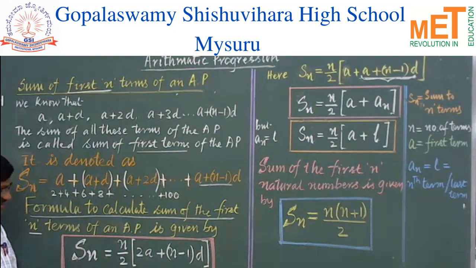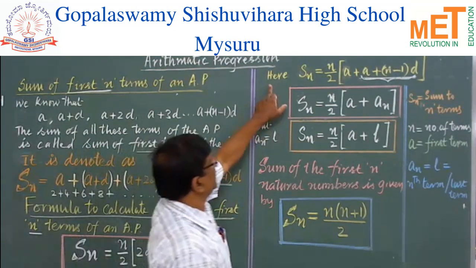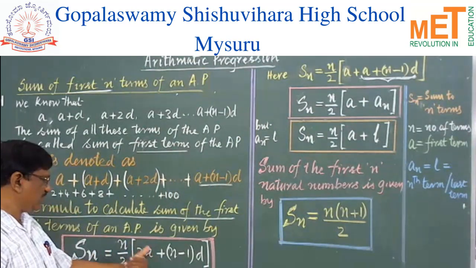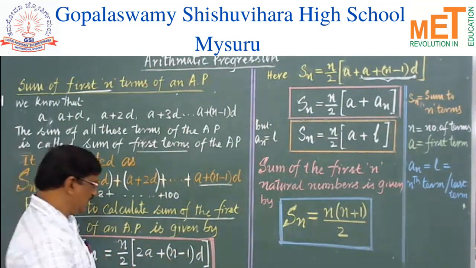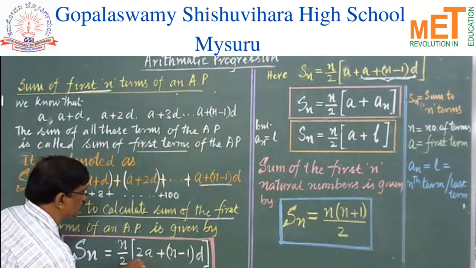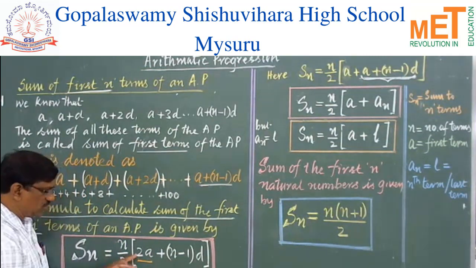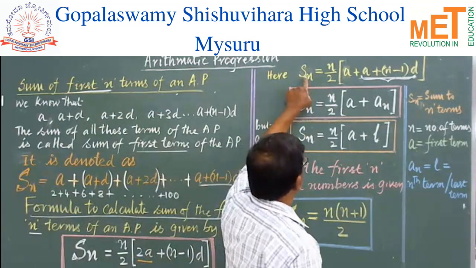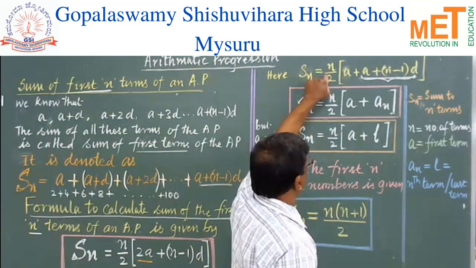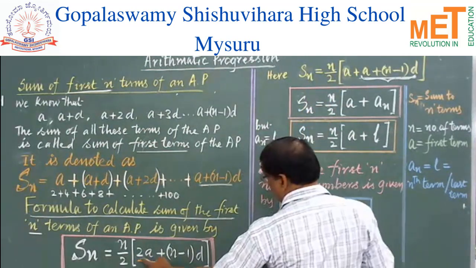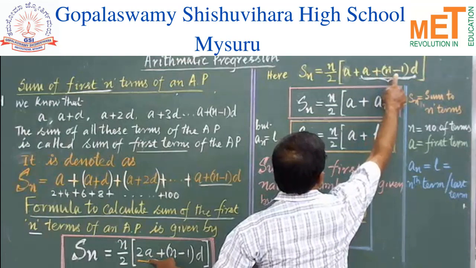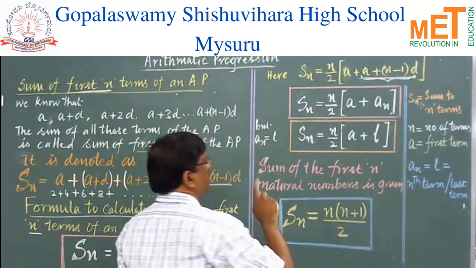Okay. Now the same formula we alter a little bit. We know that Sn equals n by 2 into 2a plus n minus 1 into d. I will write this 2a part separately. 2a means a plus a, isn't it? You see, Sn equals n by 2 into, 2a split into a plus a, plus n minus 1 into d.